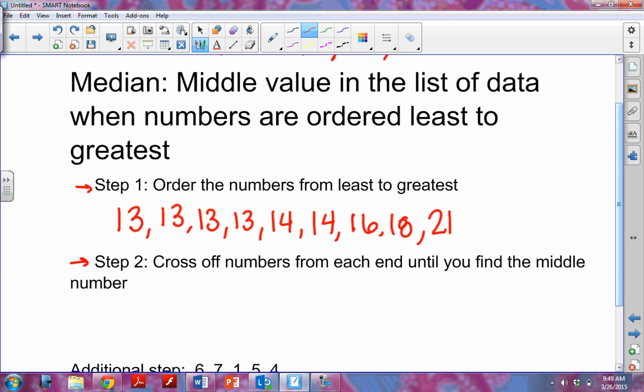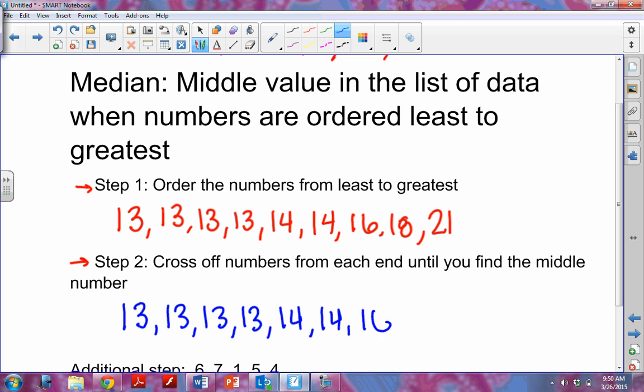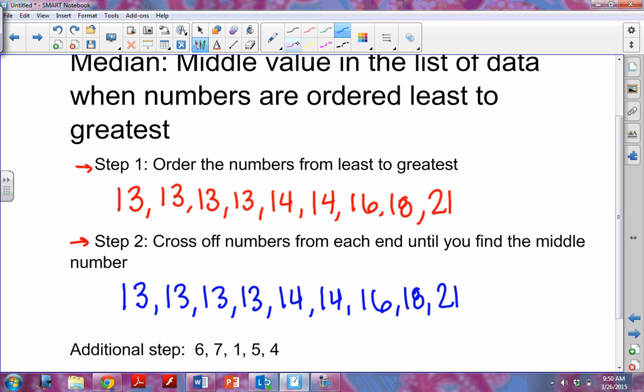Then step two is to cross off numbers from each end until you find the middle number. So I'm going to rewrite my numbers again in order from what I did in step one, and then find my middle number. I'm going to mark off a number from this end and a number from this end.